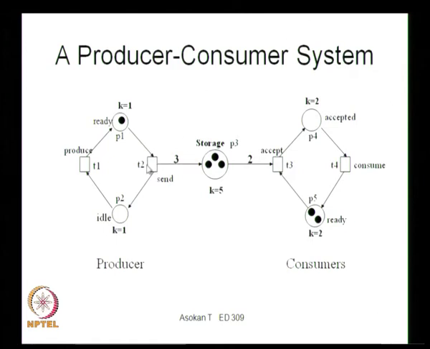Though he is ready to send, he cannot send it because it may overflow. Therefore one consumer has to accept the product. So one consumer has accepted it, and that is why he has accepted 2 items here, and one place value is 1 here, because one consumer already accepted the item and another consumer is free.